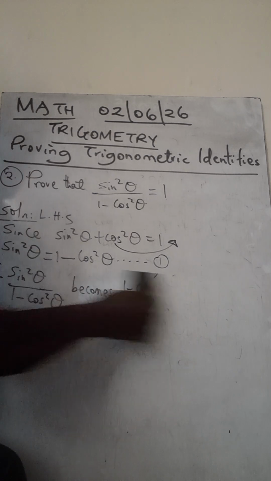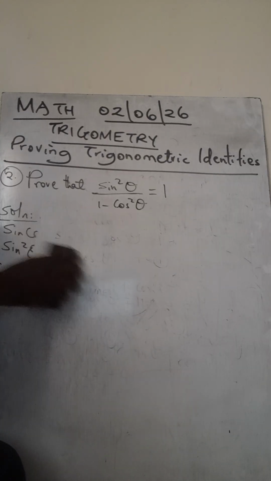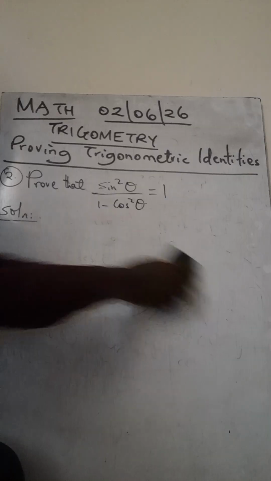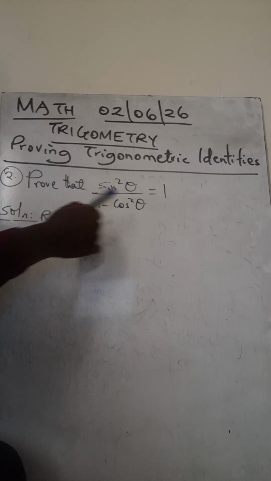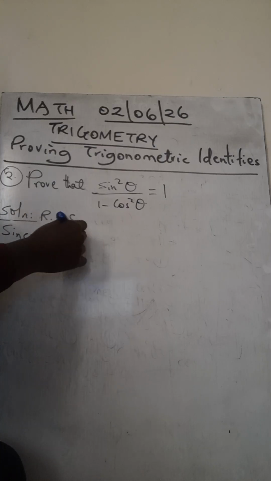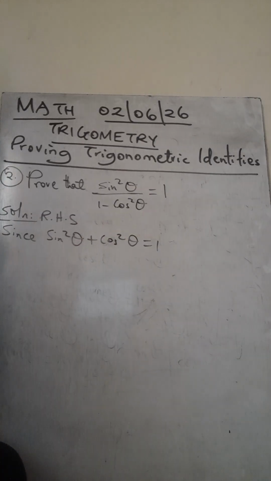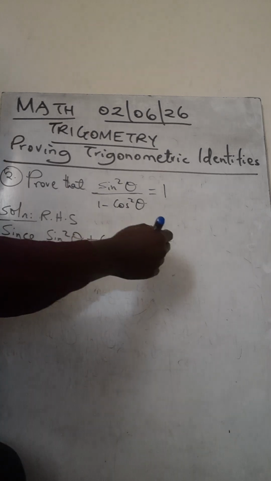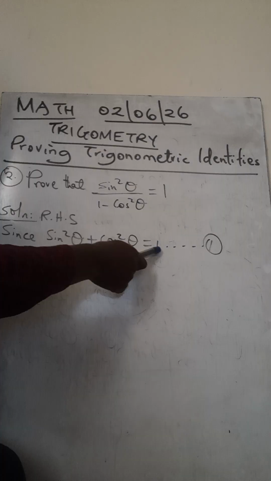Alternatively, you can use the right hand side. This one. Now we know this. Sine squared of theta plus cosine squared of theta equals 1. That is an identity of trigonometry. So substitute this equation.